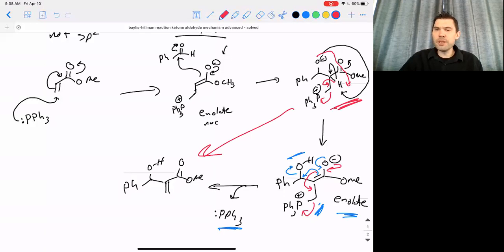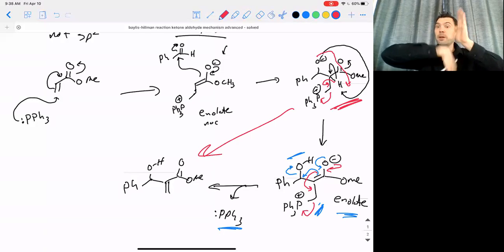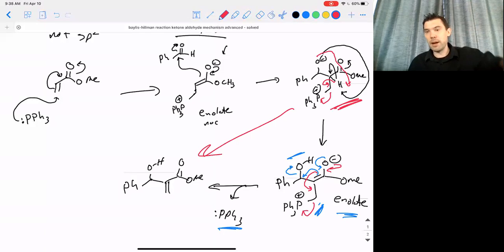But if we did that, there's not technically anything wrong with the arrows. There's still all the right electrons going in all the right spots. But remember, our E2 reaction has some very specific stereoelectronic requirements. And so if it's an E2 reaction, it has to have that anti-periplanar arrangement where the H is lined up opposite the leaving group and the base is going to come in and it's all going to happen at once. That stereochemistry sometimes can be quite significant.